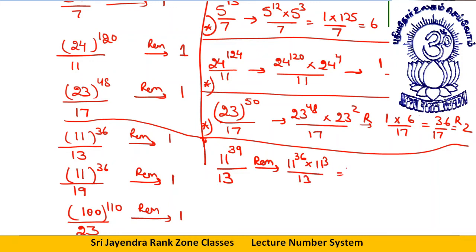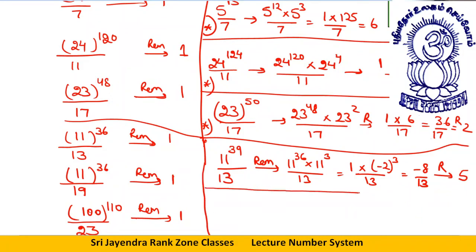Look, 11 raised to power 36 is 1. What is 11 cube? 11 when divided by 13 will give you a remainder of minus 2. Minus 2 cube is minus 8 when divided by 13. So the remainder will be minus 8. Minus 8 for 13 means a remainder of 5. Okay, dear students?